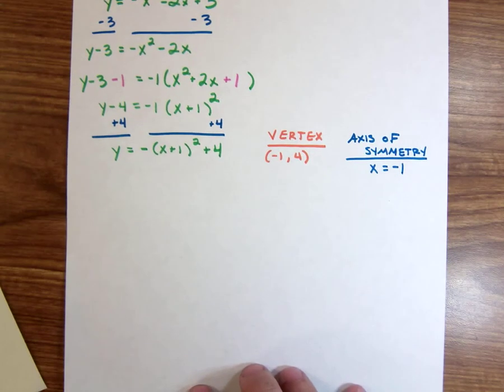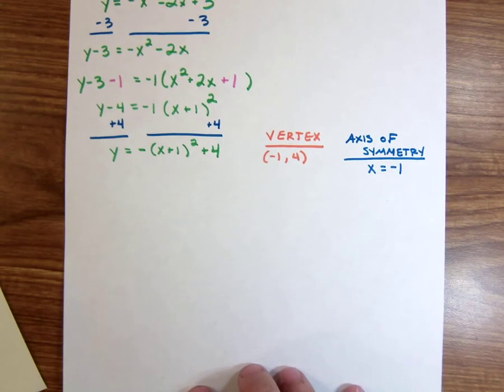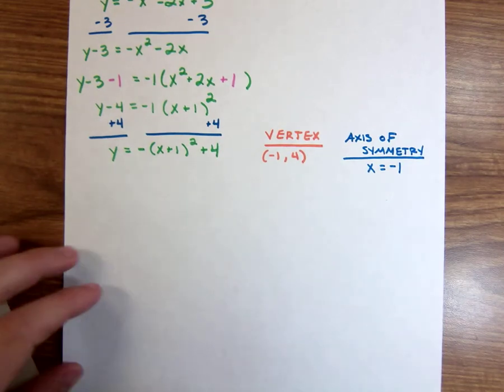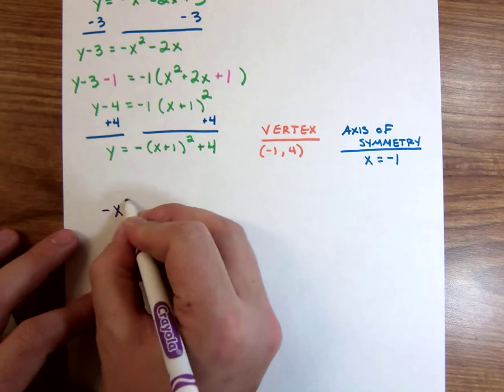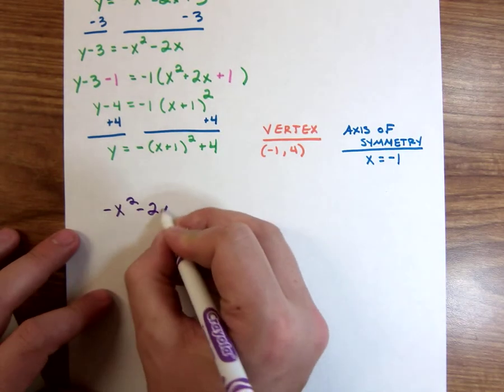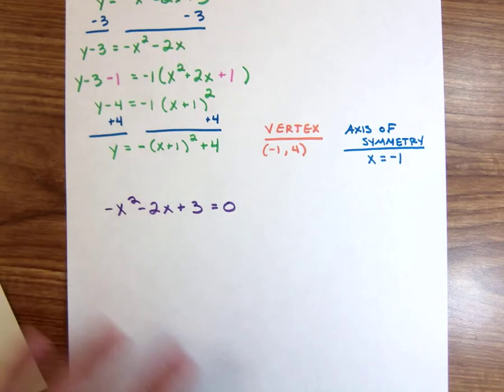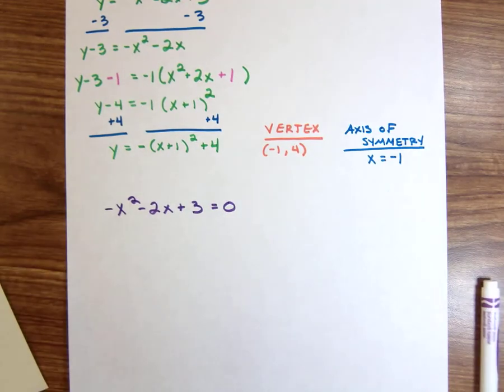Okay, now we have to find the x-intercepts. So I'm going to go back to the original equation, negative x squared minus 2x plus 3, and just set it equal to 0. When I solve that, that'll tell me what the roots are.